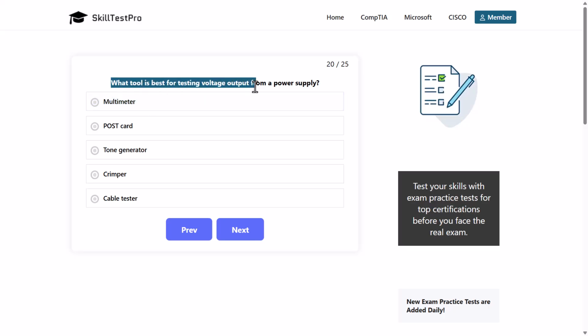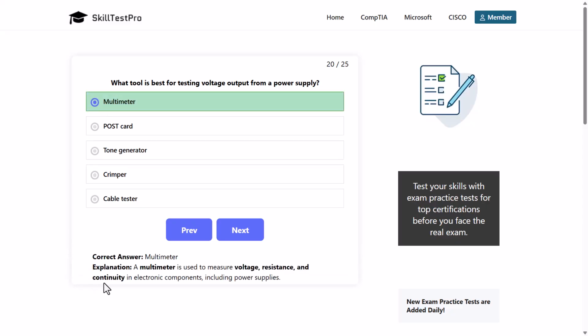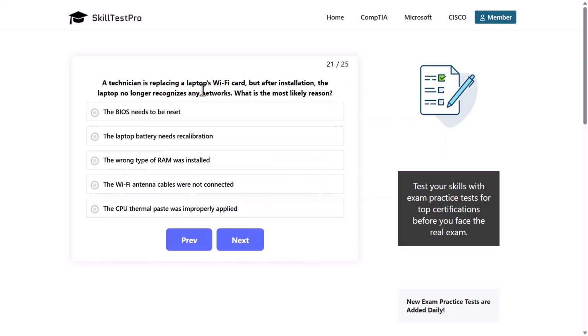So now we're talking about a power supply. What would be the best from all these tools? And the best answer obviously is multimeter, as a multimeter is used to measure voltage, resistance and continuity in electronic components including power supplies.